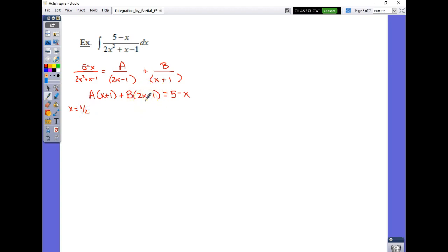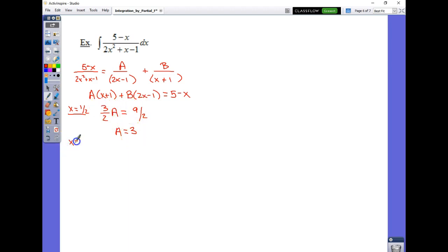That's what would zero out the b term. So if x is 1/2, then 3/2 a is equal to 5 minus 1/2, which is 9/2. A must be 3. 9 times 2/3, the 2's would cancel, 9 over 3 would give me 3.